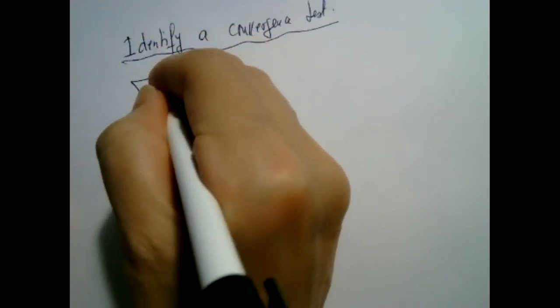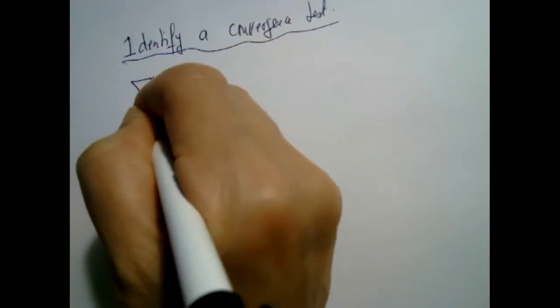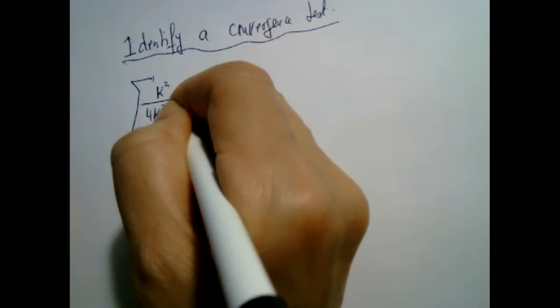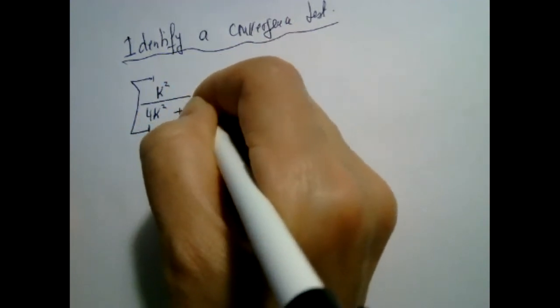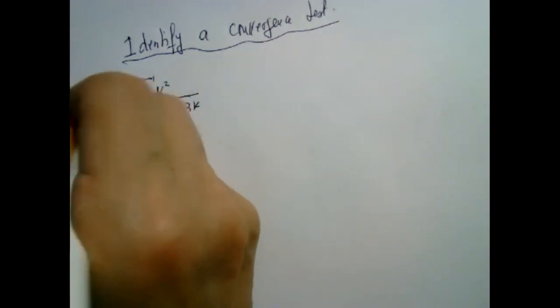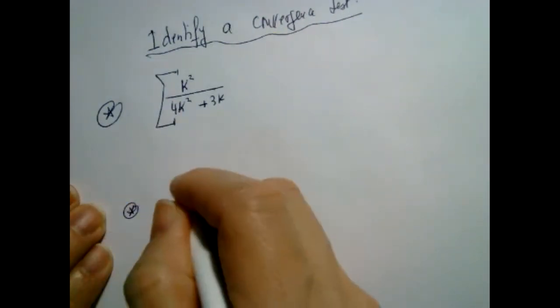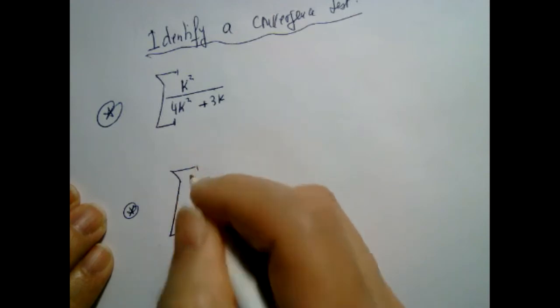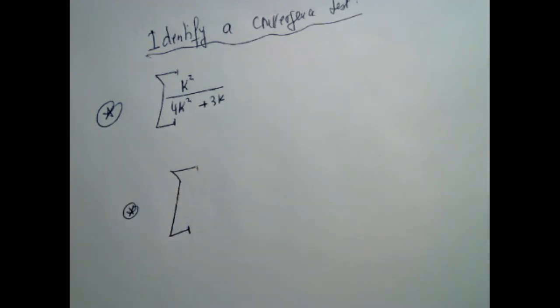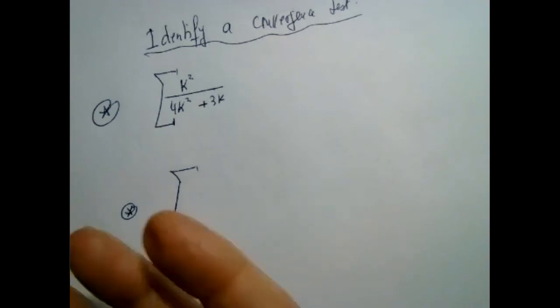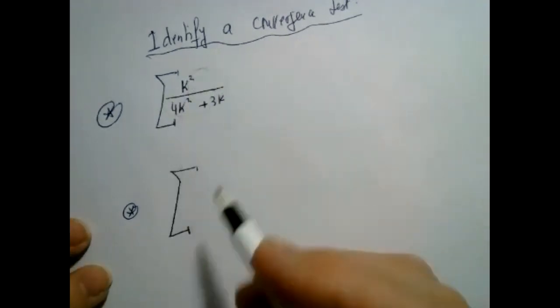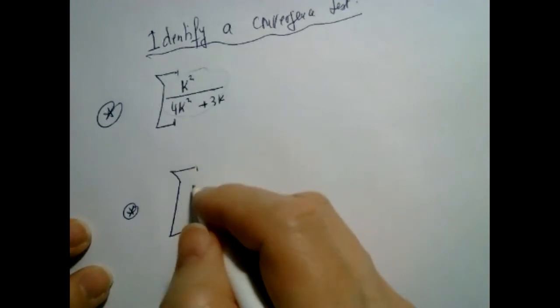k squared over 4k squared plus 3k. So usually you look, like we did with integrals, when we're integrating, you look at the function. Now here you look at the terms and you start asking, what shall I do?